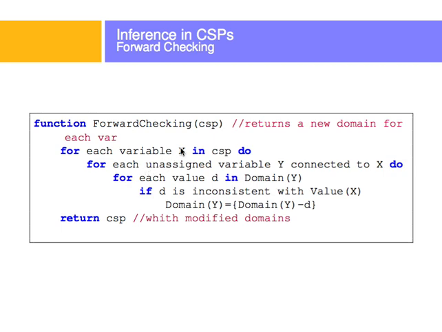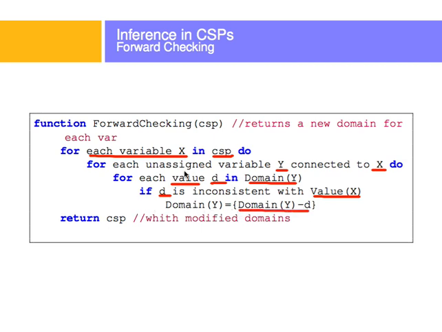And this really saves a lot of time. Forward checking looks at each variable x in the constraint satisfaction problem, and for each unassigned variable y that is connected to the variable I'm examining right now, and for each value d in the domain of that variable, I see if d is inconsistent with the value I've assigned to x. If so, I take that value out of the domain.